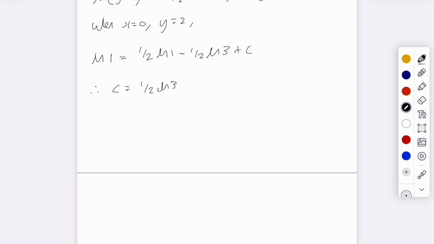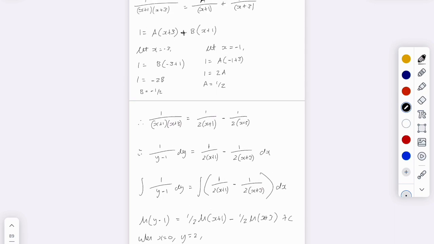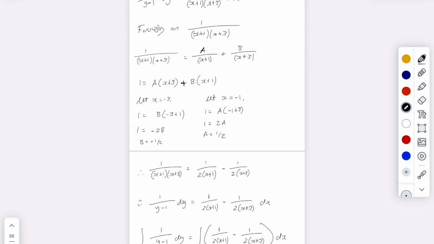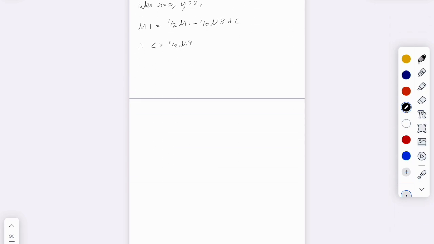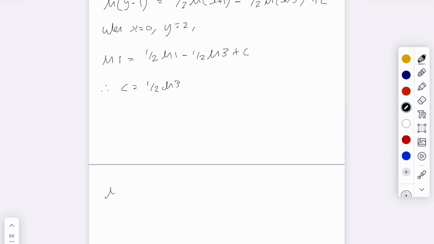Okay, so therefore what do we get? Well, what we get is the following. We can say that ln y minus 1 is equal to a half ln x plus 1 minus a half ln x plus 3 plus a half ln 3.